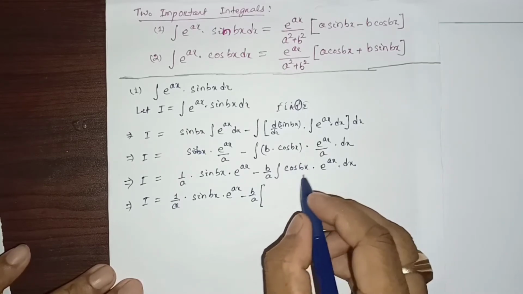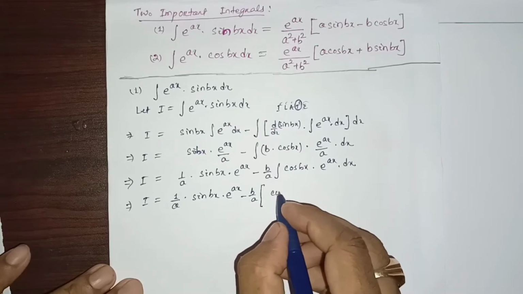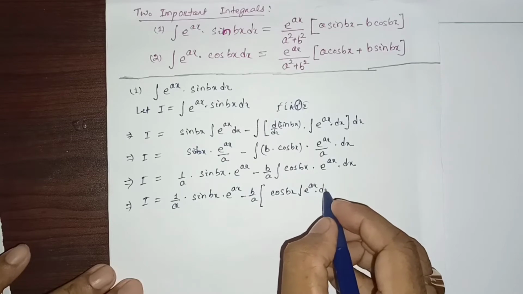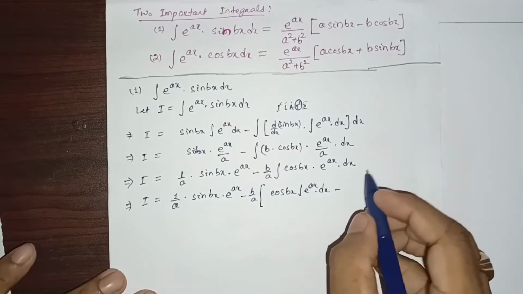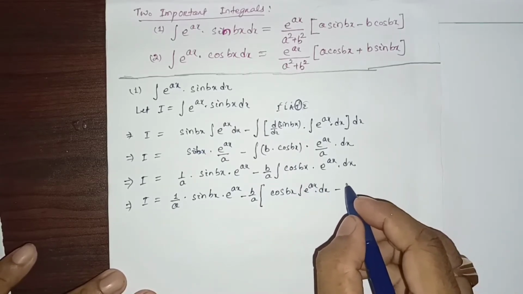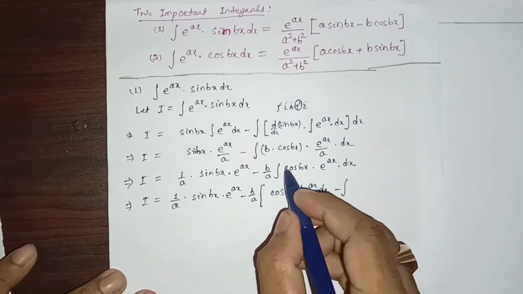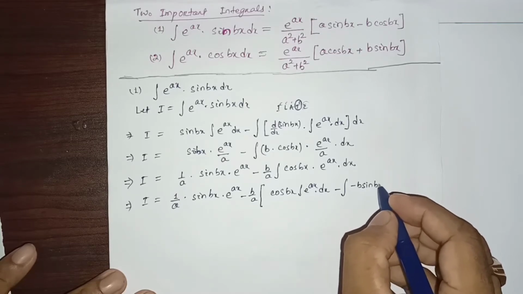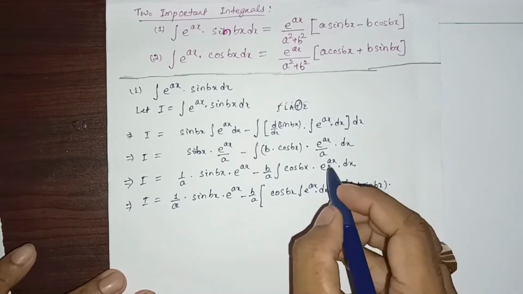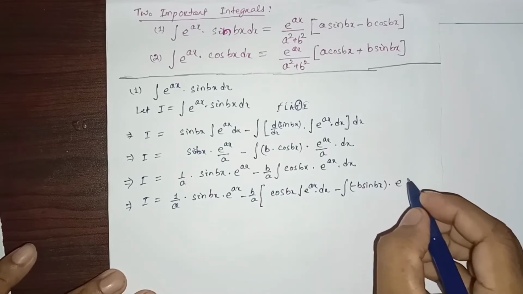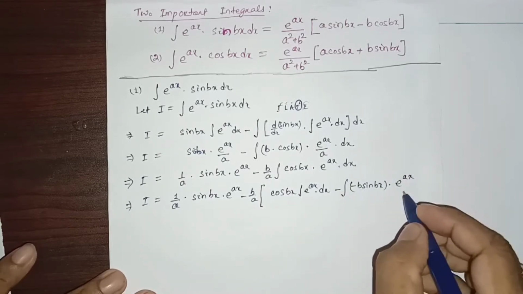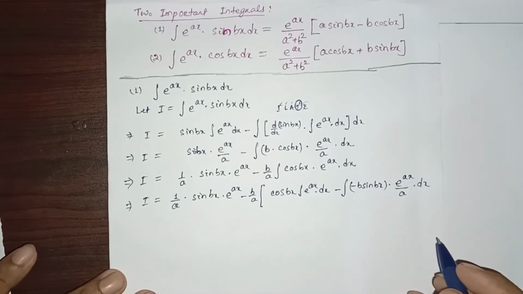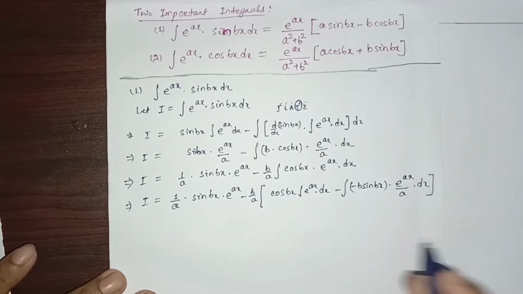As we know, this will be considered as the first function, so cos bx, integration of e to the power ax into dx, minus, directly I am writing, integration of the derivative of cos bx, which is nothing but minus b sin bx, into integration of e to the power ax, that is e to the power ax by a, into dx. Put it into the square bracket.